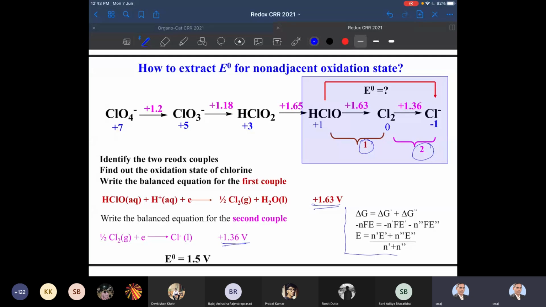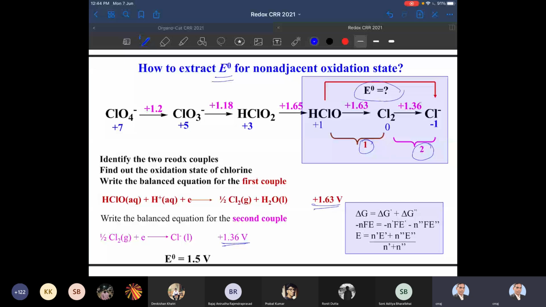And this is the formula that we use. I don't even call this a formula; it's a simple relationship. We cannot simply add the potentials. We take the delta G, and from this we calculate the potential of the non-adjacent redox species, the E0 of the non-adjacent oxidation state.